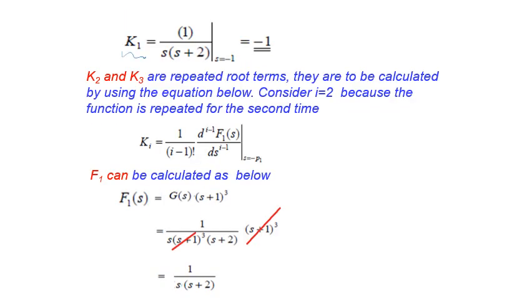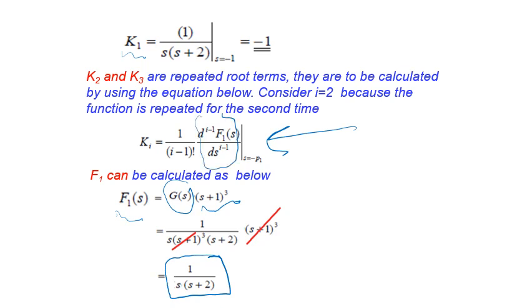Now to calculate the repeated function, we are going to use this equation. We will calculate f1 by multiplying G(s) by the repeated element. So f1(s) will be 1 over s into (s+2), which we need to differentiate as given in this equation.